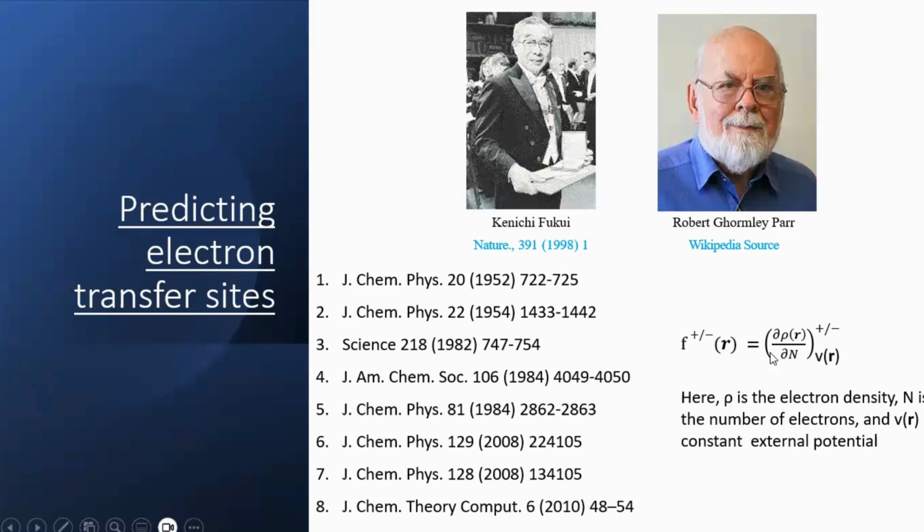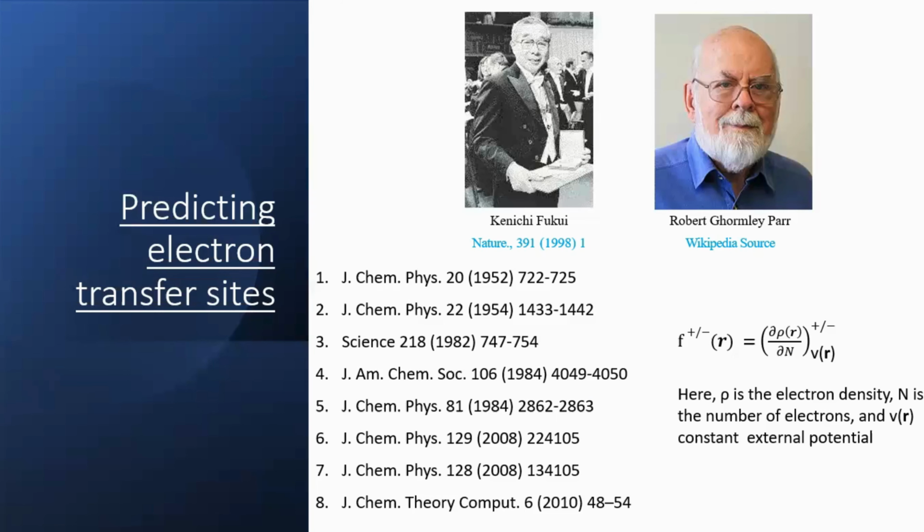We can define the Fukui function in shorthand as shown in this equation. It is nothing but the derivative of the electron density with respect to the total number of electrons at constant potential. Here we have two important terms, plus and minus.